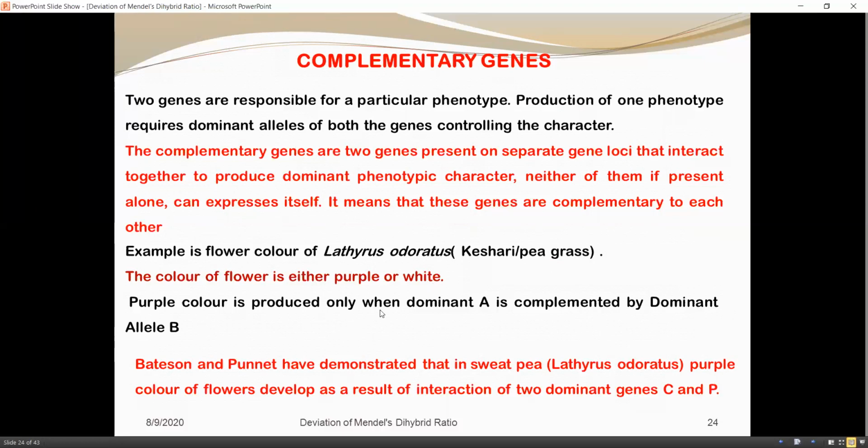Example is flower color in case of Lathyrus odoratus or Kesari. The color of flower is purple or white.